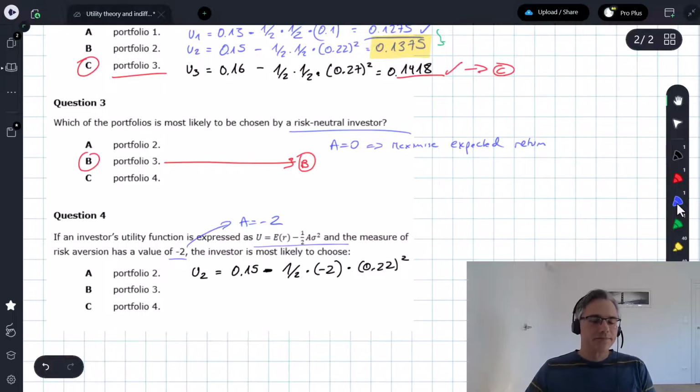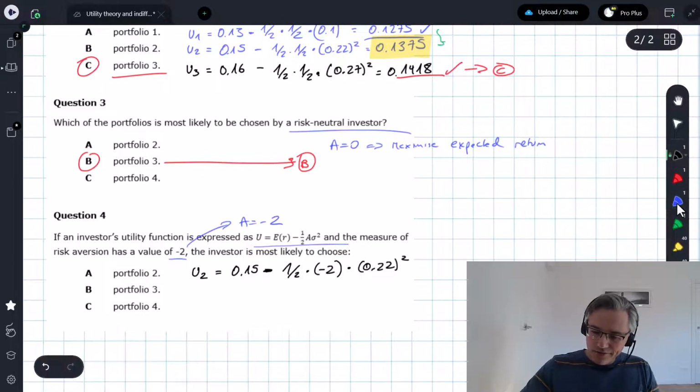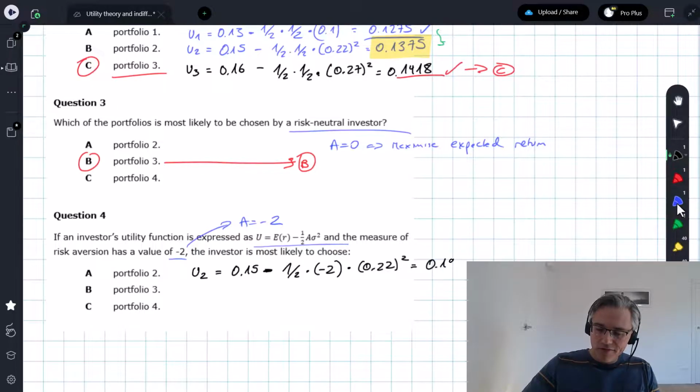So 0.15 minus half times -2, which is actually +1, times 0.22 squared equals, right, I get a result which is 0.1984.